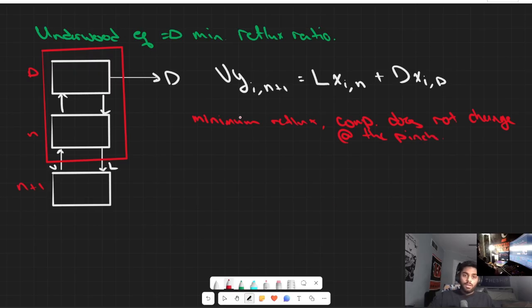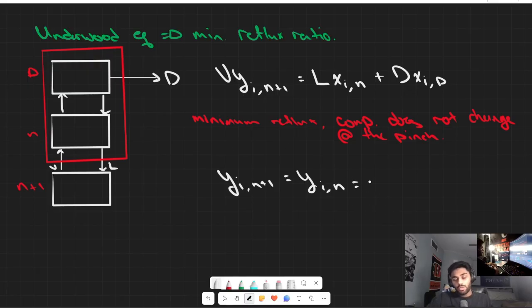Essentially, what that is telling us is that our y_i from stage n+1 is going to be equal to our vapor mole fraction leaving stage n. So these two streams have the same vapor mole composition.